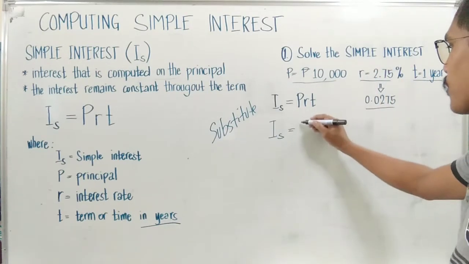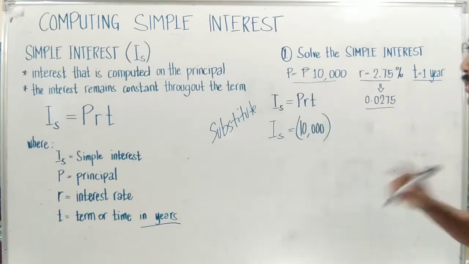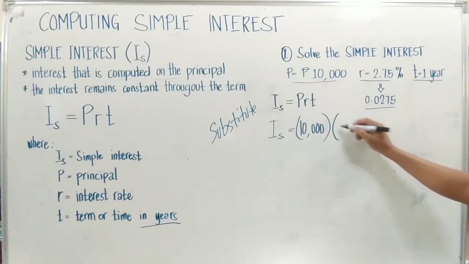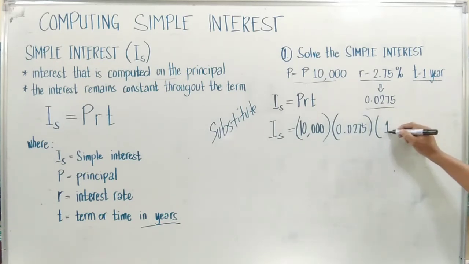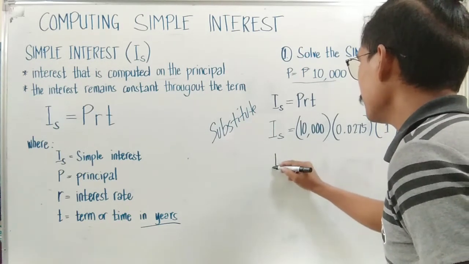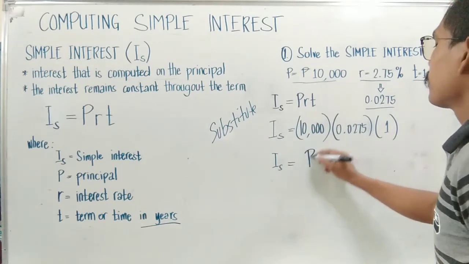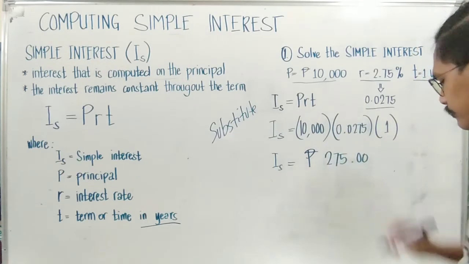I sub s equals P times R times T. P is equal to 10,000 times, using your parentheses, R is 2.75% or 0.0275, times 1. Okay, so our first example is very easy and basic. Just compute it using your calculator, or you can compute it manually. It will give us 275 pesos.